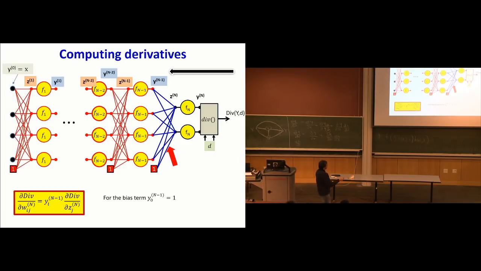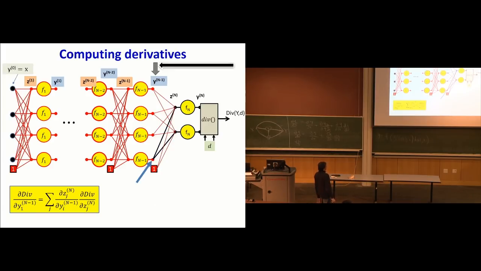What I have done is, so far I've come from here, computed derivatives with respect to this y, this z, and all of these weights. Let me take a step back now and compute the derivative of this divergence with respect to the output of this activation. Now look at how this guy affects the final divergence. This guy can modify this output, which modifies the final divergence. This guy can affect this output, which modifies the final divergence.